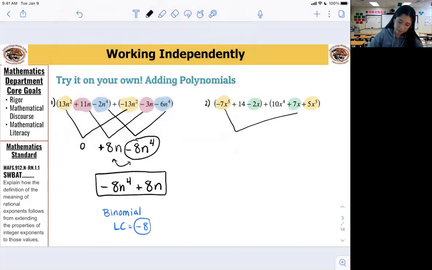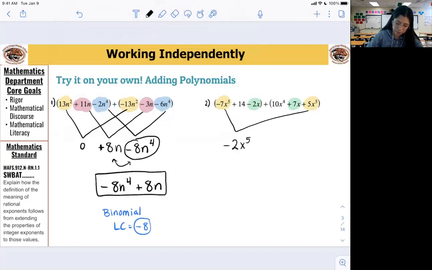So let's go ahead and combine. I have these two, negative 7 and positive 5. What does that get me? Negative 2x to the power of 5. Good.